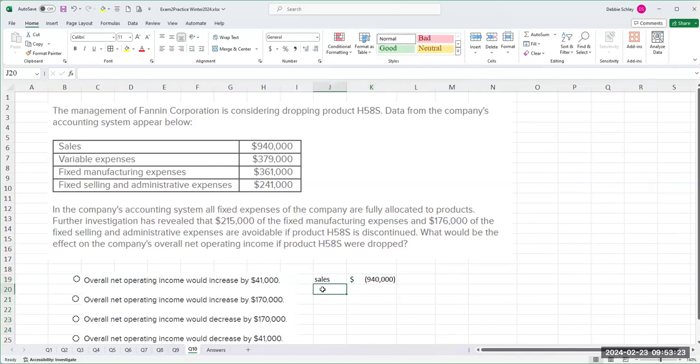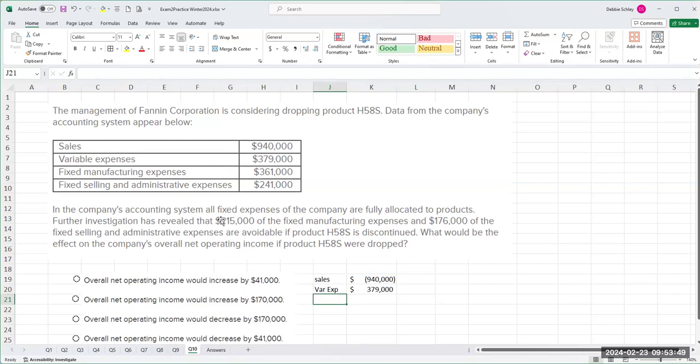Okay. If I don't make this product, then my variable expenses go away as well. But because they are expenses that I don't have to pay anymore, that's money in my pocket. And so that is a positive if we're talking about dropping a line. Now they told me the avoidable, right?